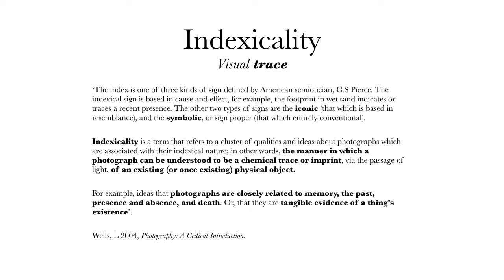Indexicality is about a sign pointing to or indexing something. This fits under semiotic theory, and it's the idea that the indexical sign is based in cause and effect. So Liz Wells writes here, for example, the footprint in wet sand indicates a trace or recent presence. The other two types of signs are the iconic, which is based in resemblance, and the symbolic.